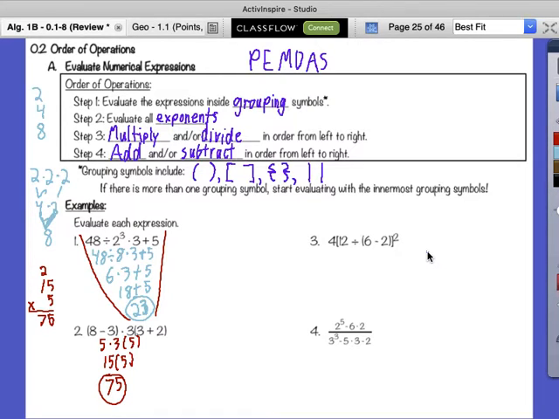Nine. Four times nine. You're doing 3 times 2. 3 squared is 3 times 3. 24.